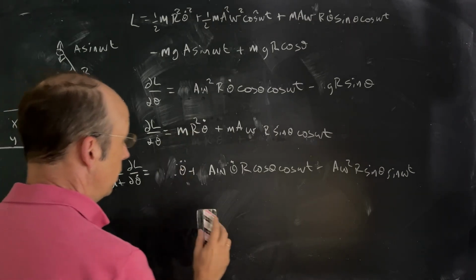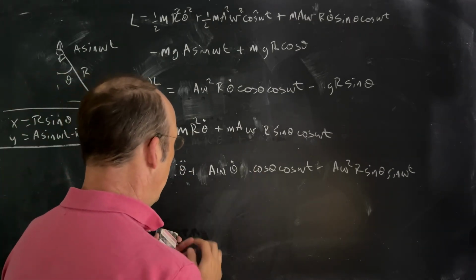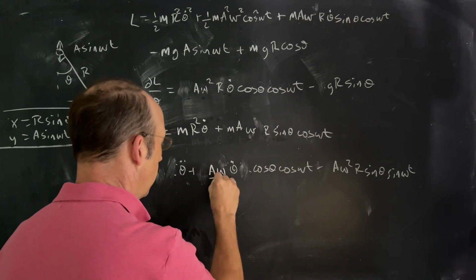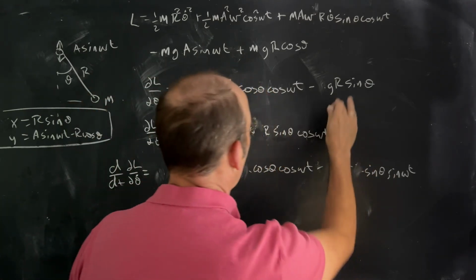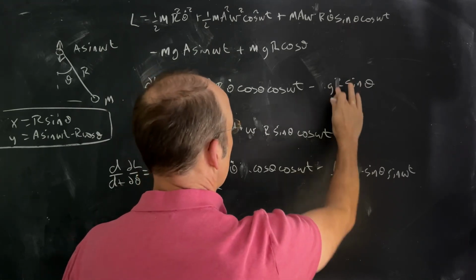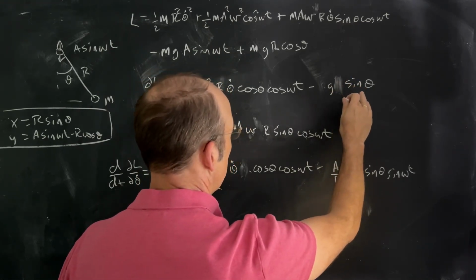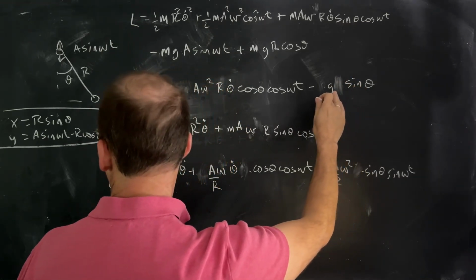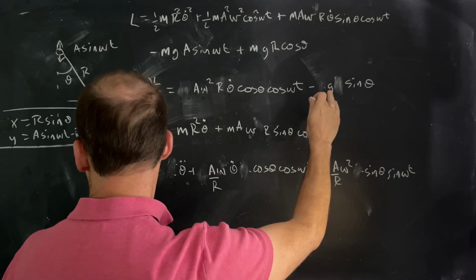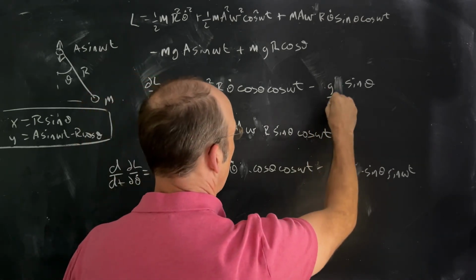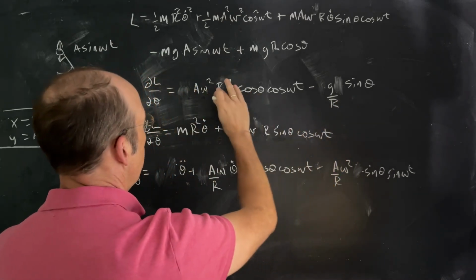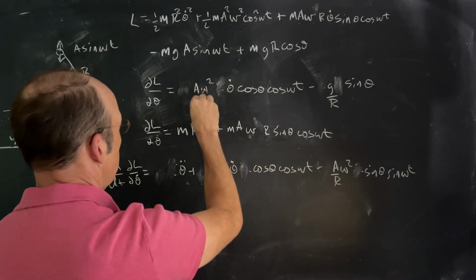So that one's gone, and I'm going to write this as a over r, and this as g over r. Yeah, that's right. And then this is going to be a over r.